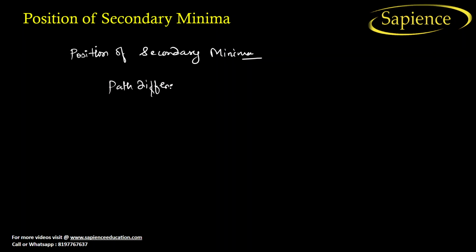So we can say that the position of secondary minima, that is equal to the path difference for secondary minima, is equal to a sin theta, and this is equal to n lambda.